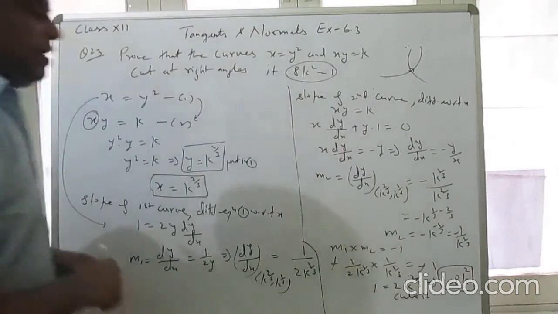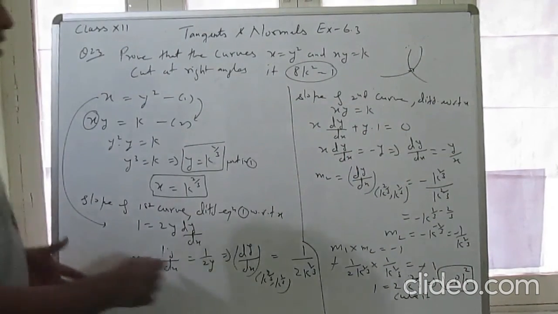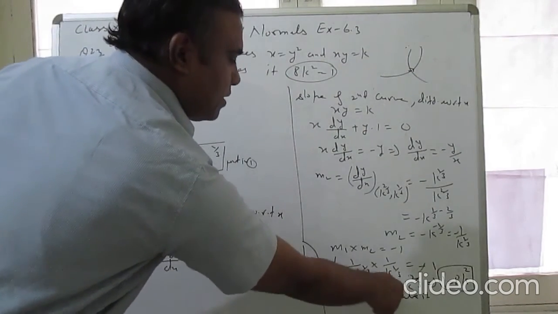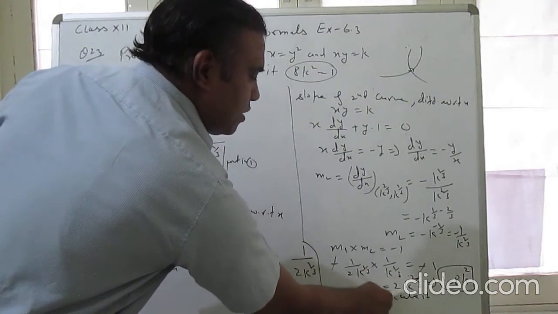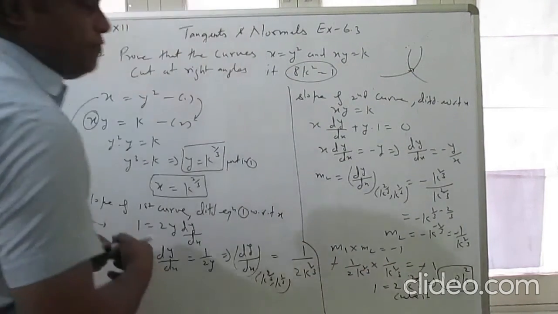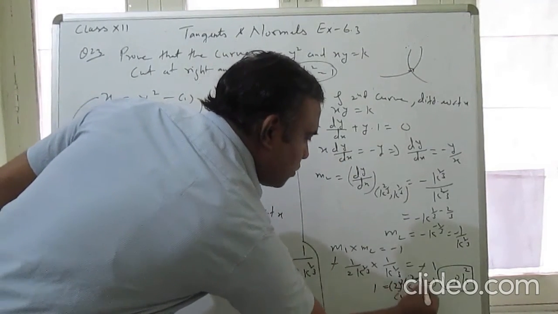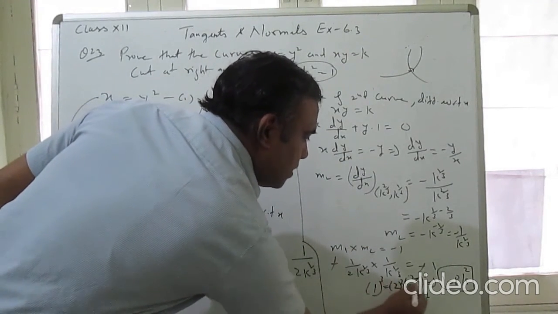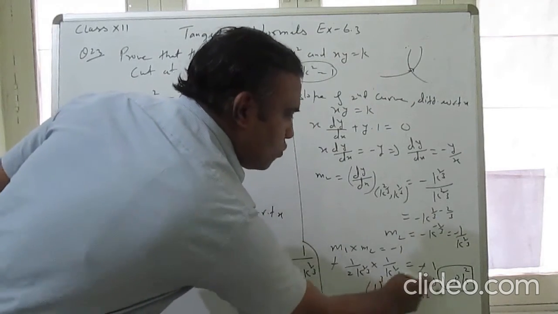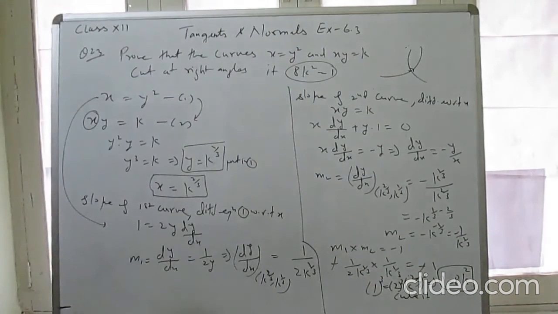So 1 is equal to 8k square. If you cube it, the cube of this and the cube of this and the cube of 1, the root cancels out. Cube of 2 is 8, k square.